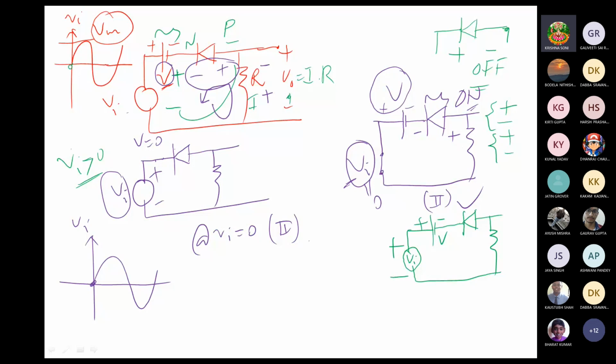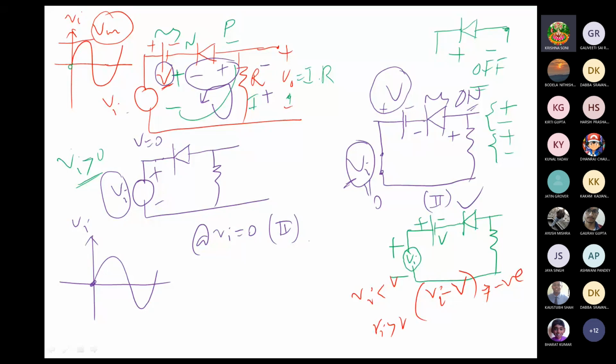So the resultant voltage, let us say, is Vi minus B. If Vi is less than B, then the resultant will have a negative value. If Vi is greater than B, then the resultant will have a positive value.